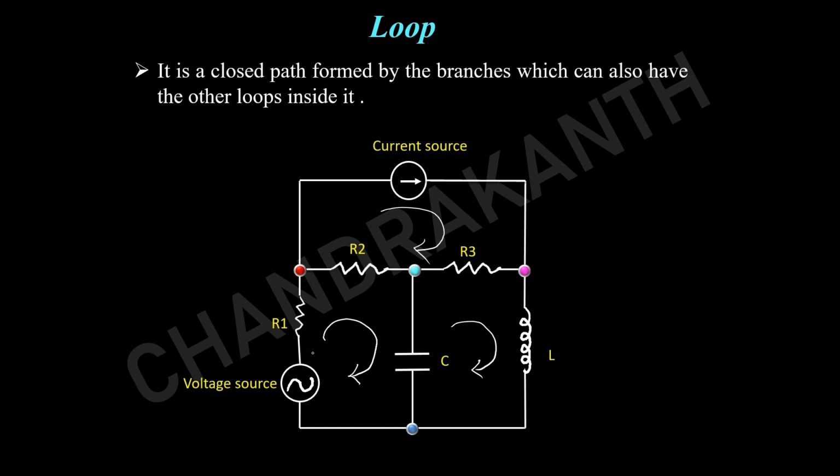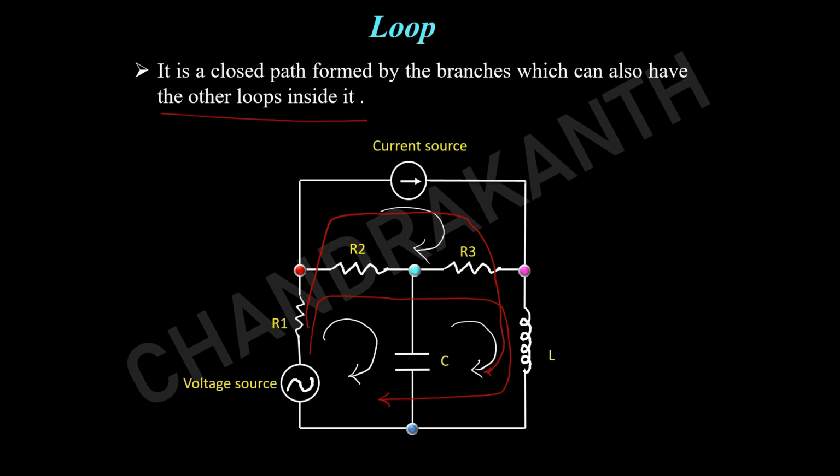So you can say that this can be a loop, or else this outer loop can be a loop. Like this you can have other loops inside it also. So they are not separate or isolated loops. You can have loops inside loops.